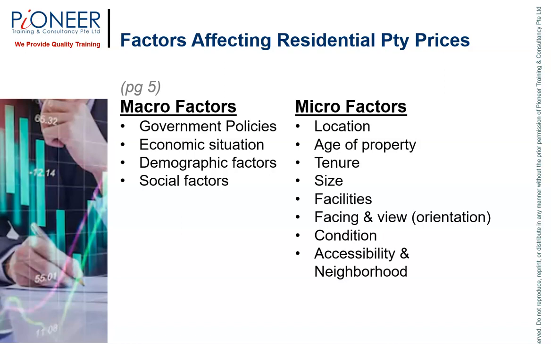Now the micro factors look into the details of the site, the development, location, the age of the property, tenure, as in is it freehold, 99 with a balance of 72, 73, what's the land tenure balance, size of the unit, facilities available within the development, the orientation and the facing, which gives you different view, the condition of the unit, and whether it's accessible to nearby MRT, what's the nature of the neighborhood.